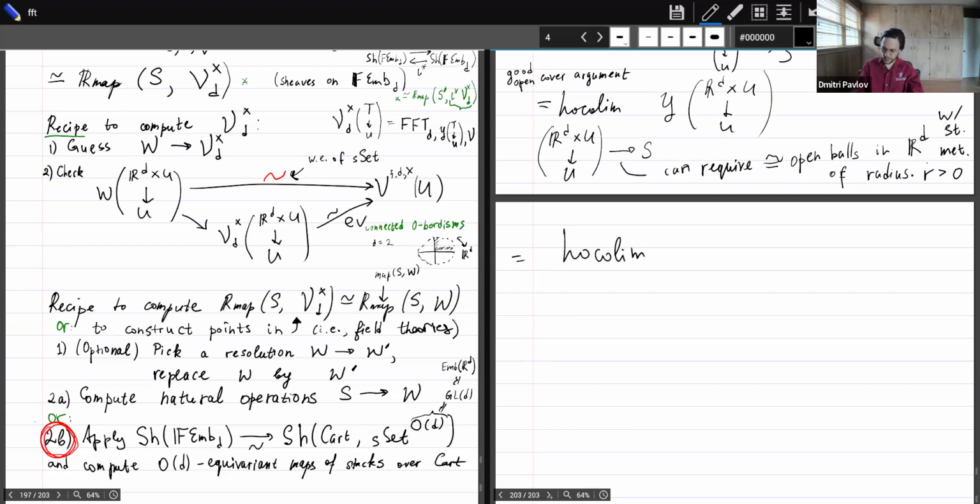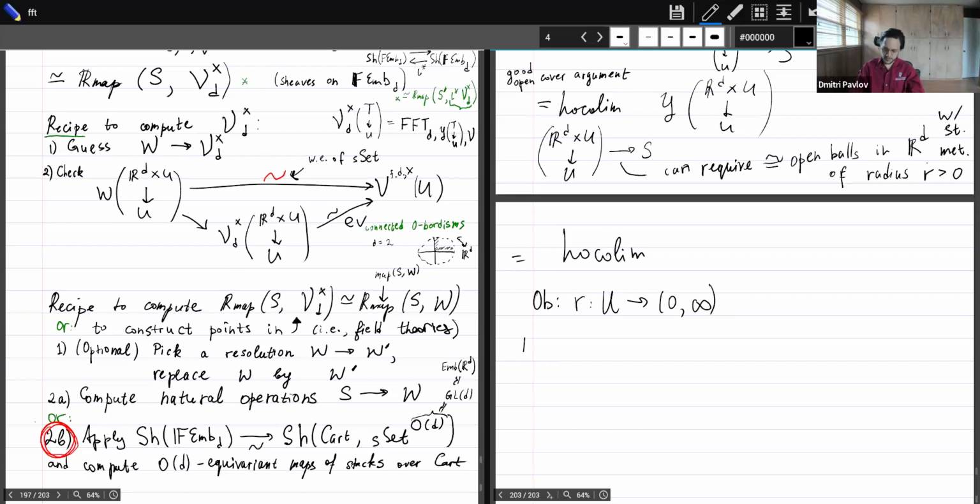If you stare at this for a while, you will see that the only objects we have are open balls, or more precisely, families of open balls of some fixed radius r greater than 0. And in principle I should have said maybe the radius is a smooth map from U to R greater than 0, although I'm not totally sure if that's necessary, but let me stick to what I know.